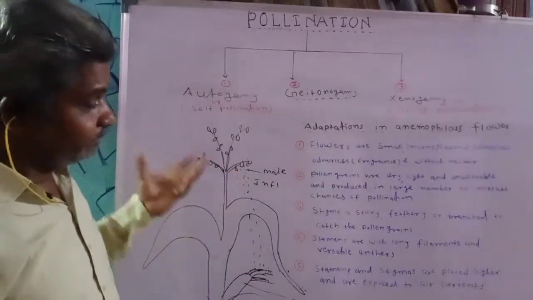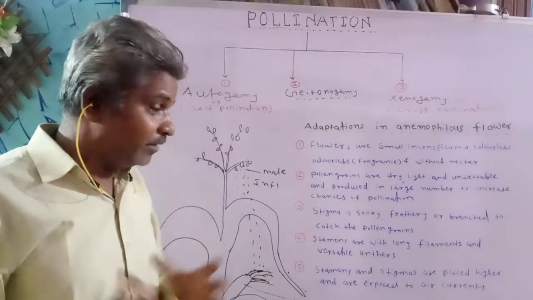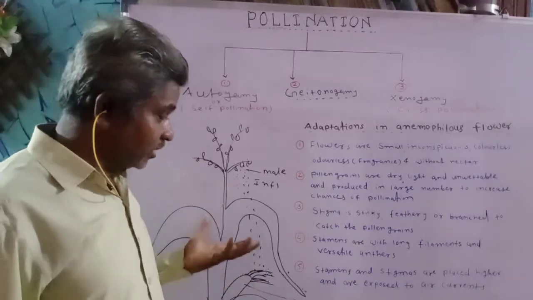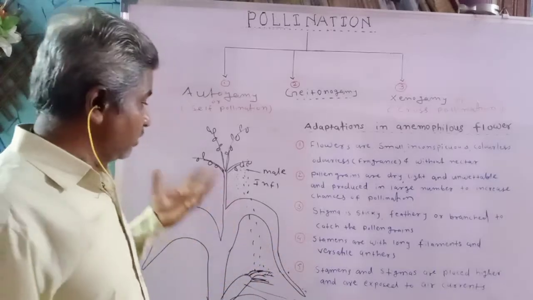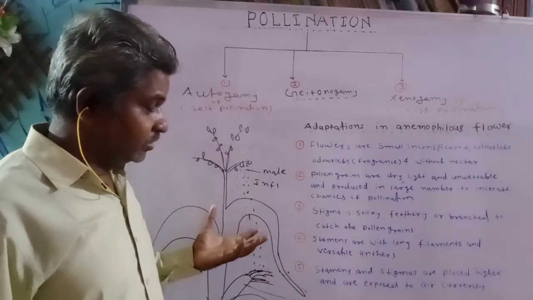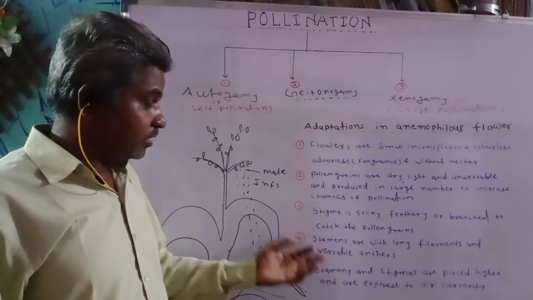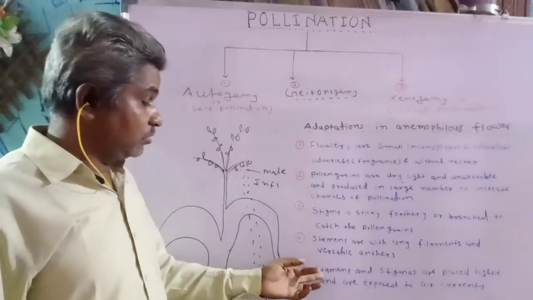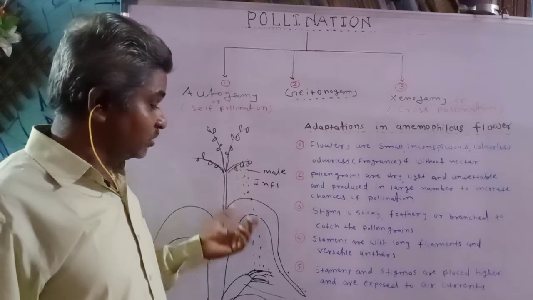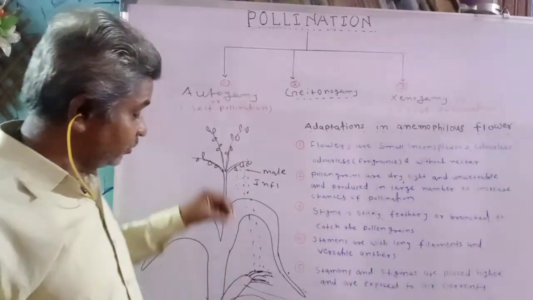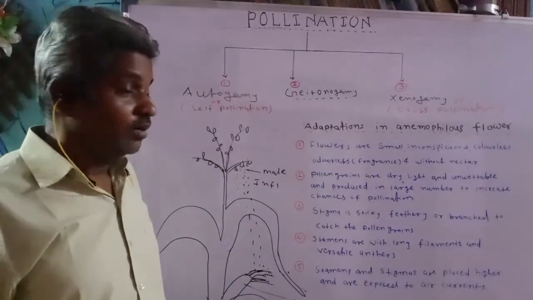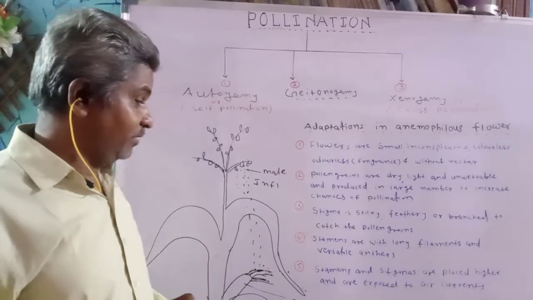Male and female flowers are apart from one another, but when the anthers in the male flower break, pollen grains easily fall on the stigma of the female flower.